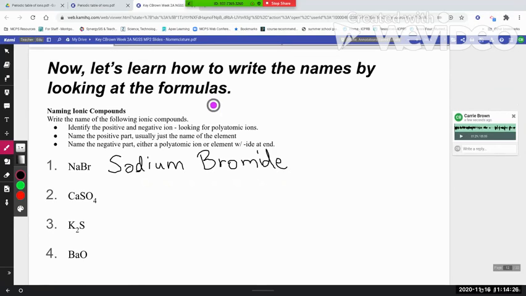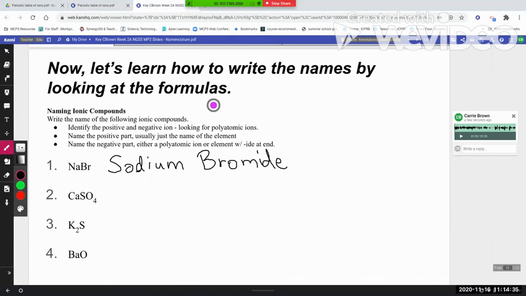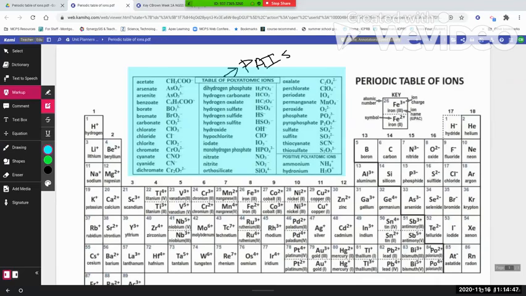So for Ca, we did Ca earlier, but it's also on the left-hand side. It's atomic number 20. So you don't have to worry about the charges. So it's calcium. But SO4 is more than one element. So we're going to look on our polyatomic ion list for SO4.